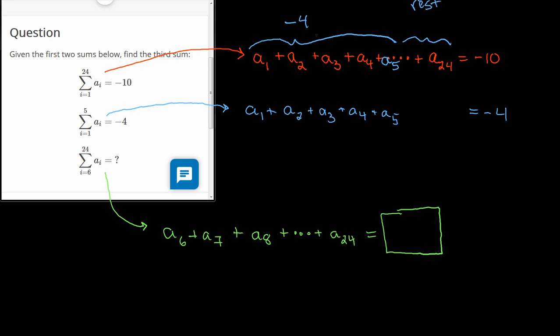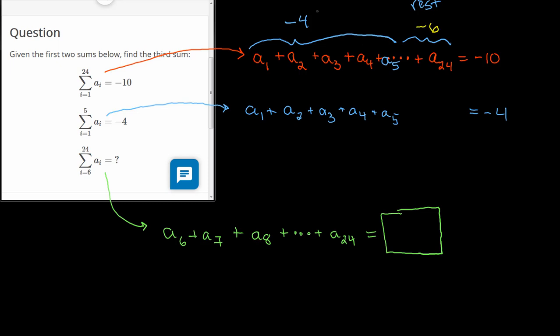But hey, wait a minute. If the first 5 add up to negative 4, and all of them add up to negative 10, then I bet you could figure out that these guys have to add up to negative 6.